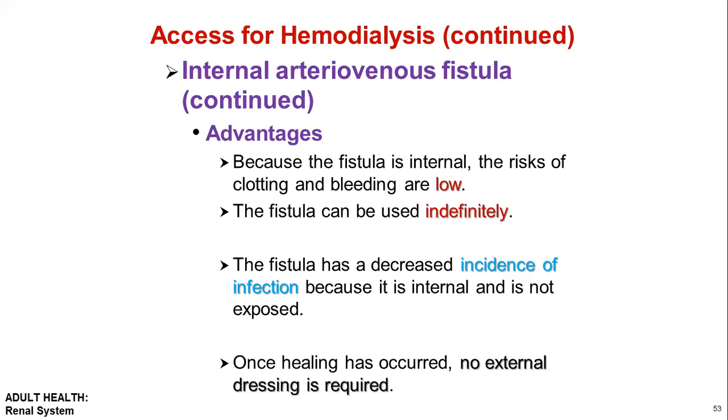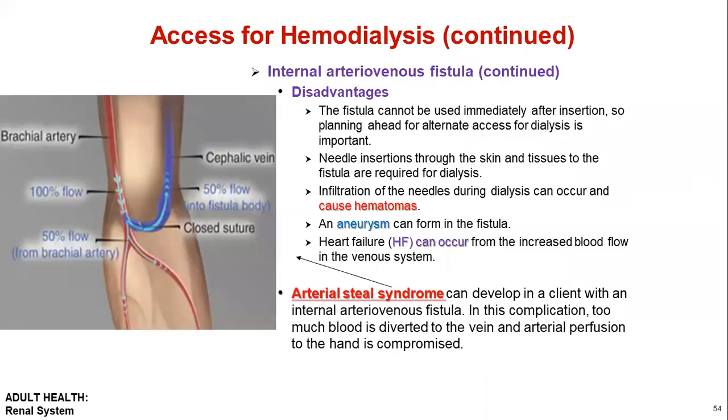Also the incidence of infection is low because it is internal, with direct communication between artery and vein. Once healing has occurred, no external dressing is required because it is internal. So for the internal arteriovenous fistula, here is also a picture. Brachial artery and cephalic vein at the elbow joint.